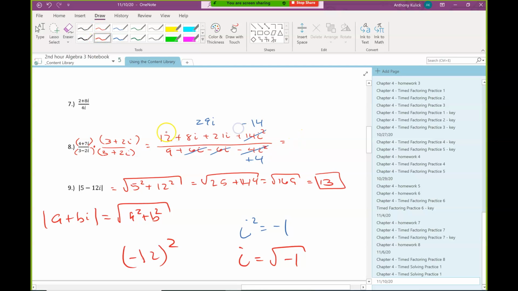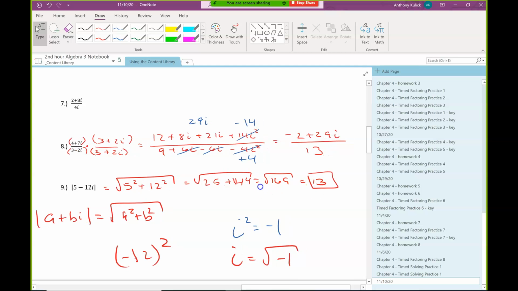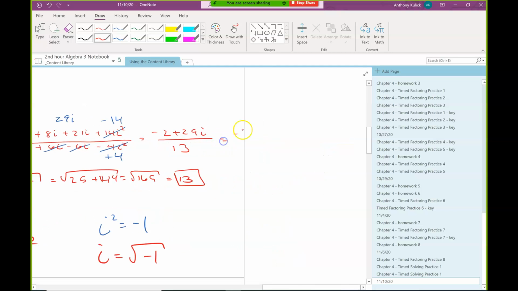So if I combine that, I have positive 12 and negative 14, so that's negative 2 plus 29i. And then I have 9 plus 4 is 13. Negative 2 over 13 plus 29 over 13i.